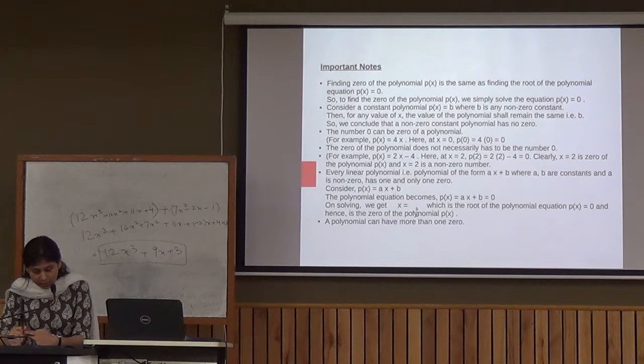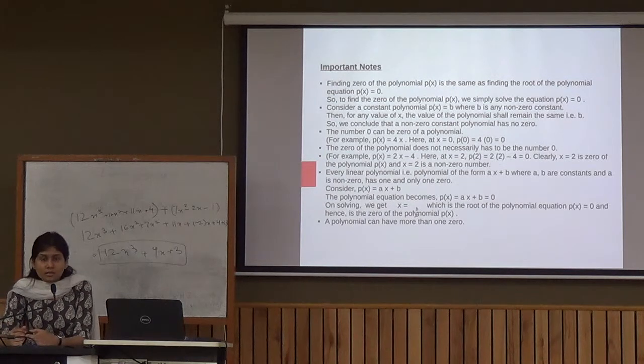For instance, consider a polynomial 2x minus 4. Here, at x is equal to 2, the value of the polynomial is equal to 0. Therefore, here, x is equal to 2 is the zero of the polynomial, which is clearly a non-zero constant.